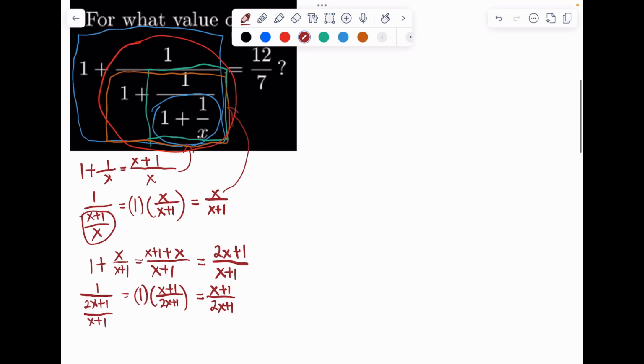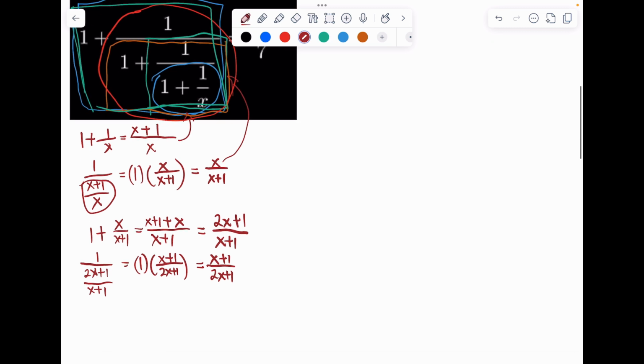And then, now that we are done with the entire thing, we can now just do this portion right here. So we're gonna add 1 plus x plus 1 over 2x plus 1, and that's going to be 2x plus 1, then this is 2x plus 1 plus x plus 1, and then this will become 3x plus 2 over 2x plus 1.